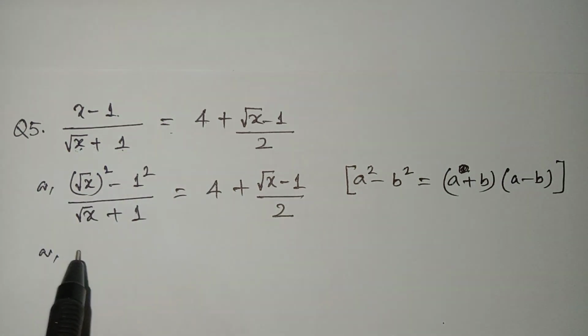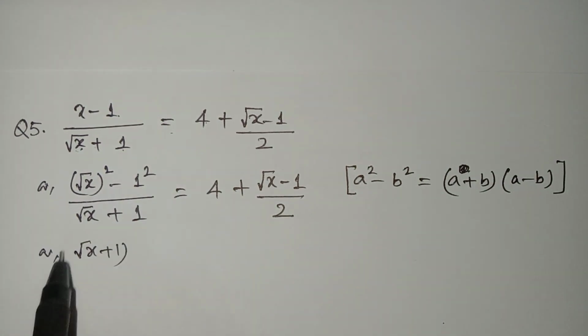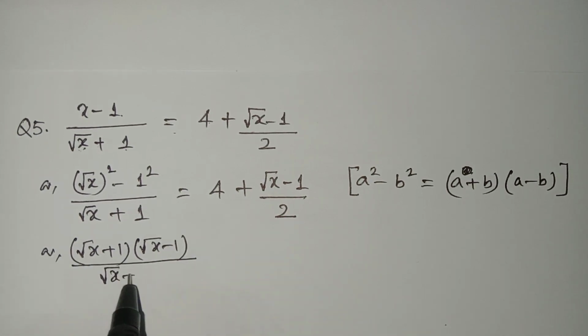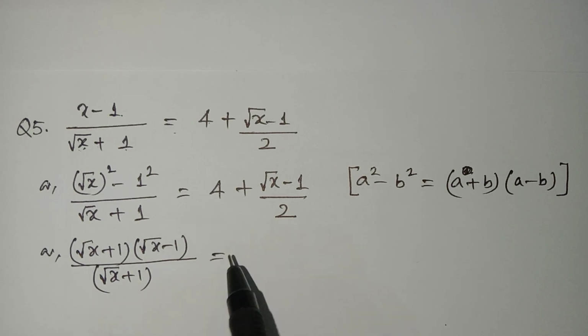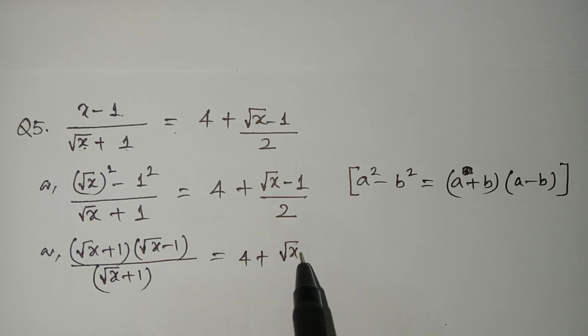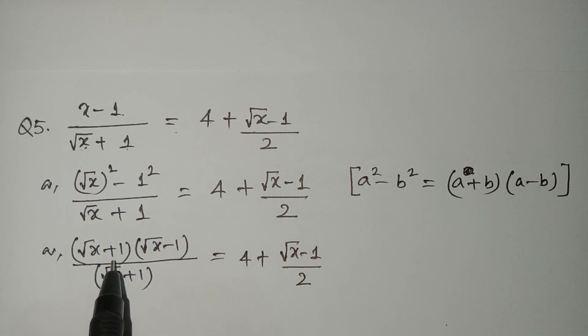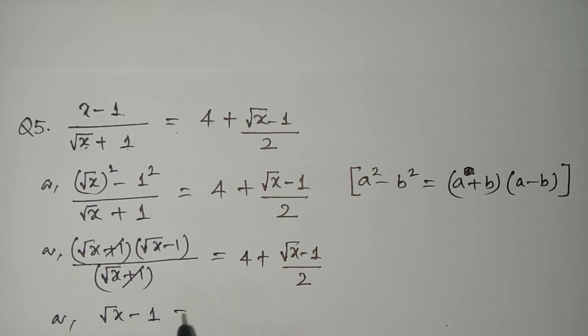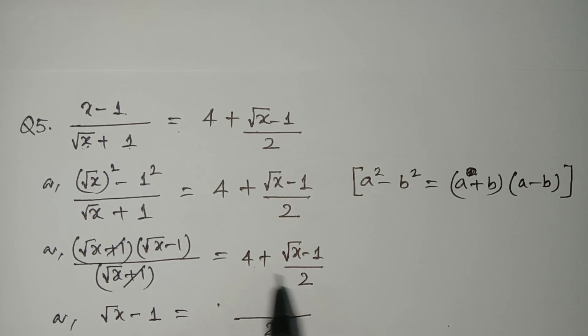So from here I get root of x plus 1, root of x minus 1 upon root of x plus 1 equal to 4 plus root of x minus 1 upon 2, and this thing is getting cancelled here, or I get root of x minus 1 equal to, if I simplify this thing, then I get 4 twos are 8 plus 1, so it's root x minus 1.